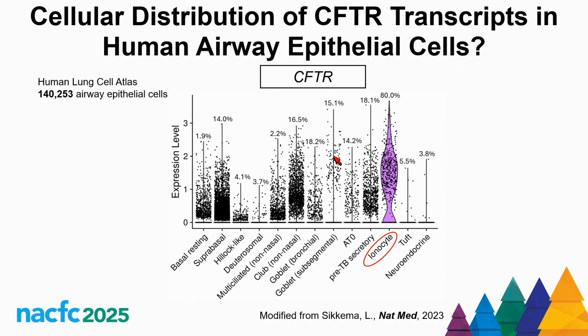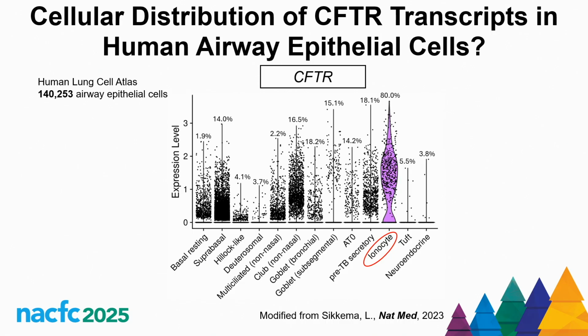But this data also highlights that, at relatively lower levels, CFTR is also expressed in other cell types, including secretory cells like club and goblet cells, up to 16 or 80% per cluster, and fewer cells in the basal and then ciliated cells.